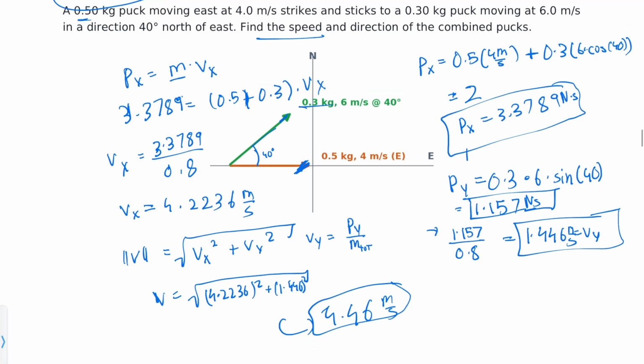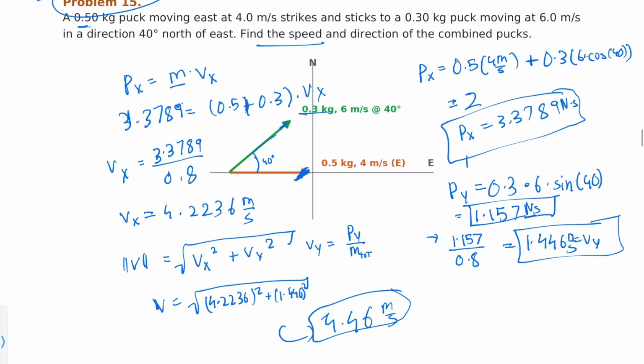Let me scroll up a bit so you can see. Yeah. And then what's going to be our direction?